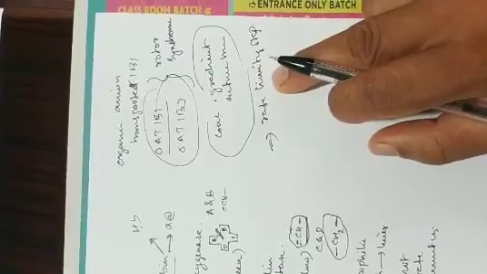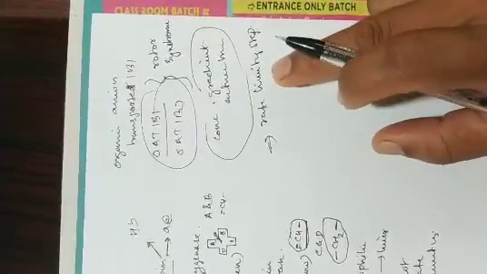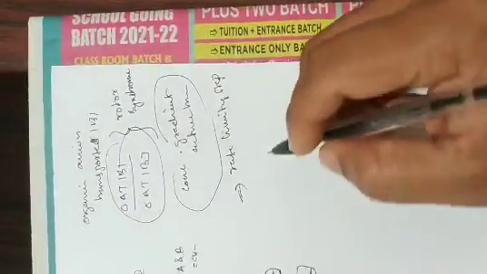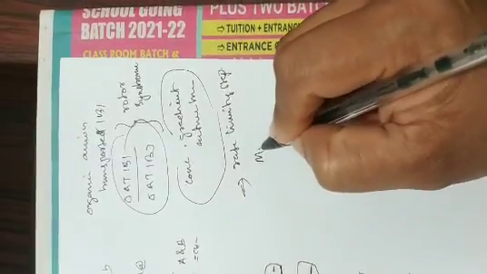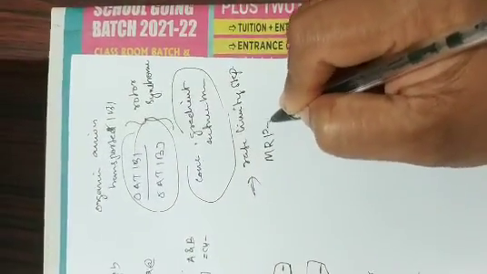Okay, that is a rate limiting step, and this active transport is with the help of protein known as multi-drug resistance protein 2.